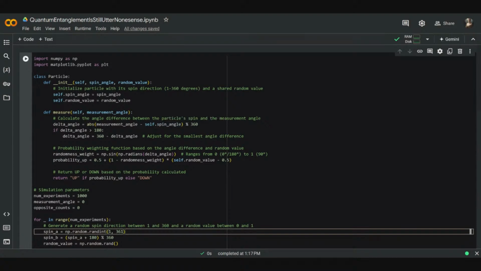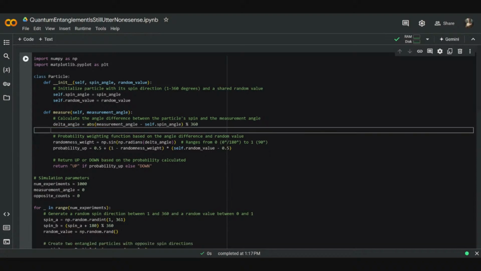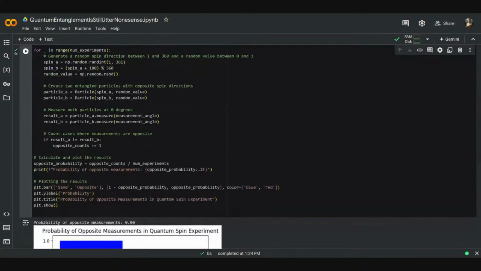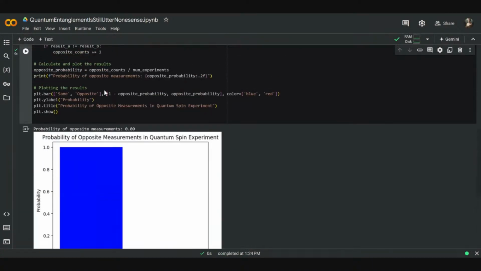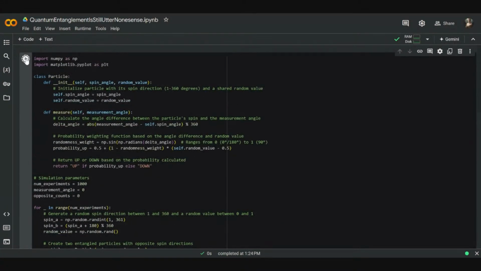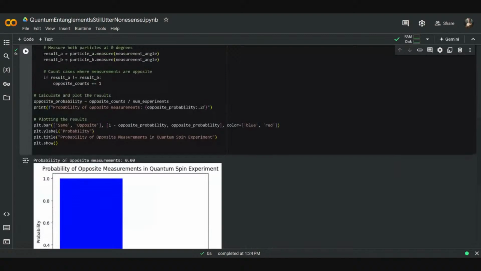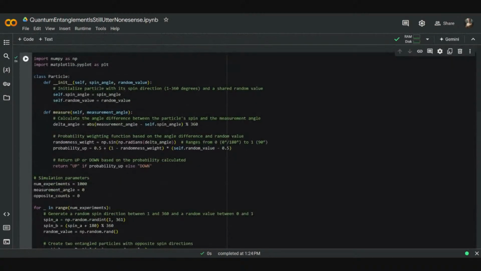Delta, if the delta between them is more than 180, then adjust for the smallest angle difference. I don't know if I like this. Let's remove this and rerun it. How do we know it runs and it's done and it's still the same? Okay, delta is an absolute value between the two angles down to 360.